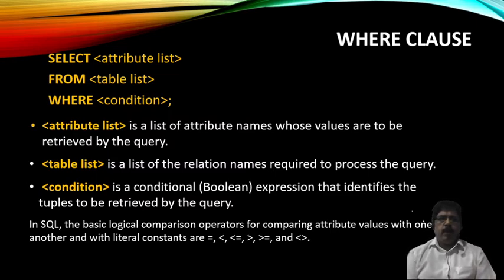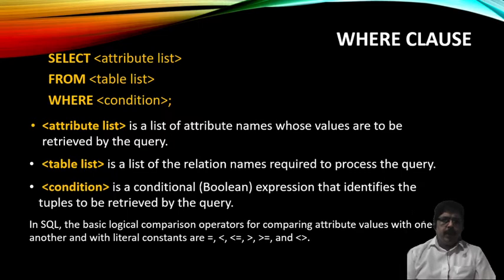When we talk about the select statement, attribute lists are the names or values or fields which you want to retrieve. Table list is the number of tables you specify from which you want to access the data. One more thing: the data stored in the table, we call it a domain.